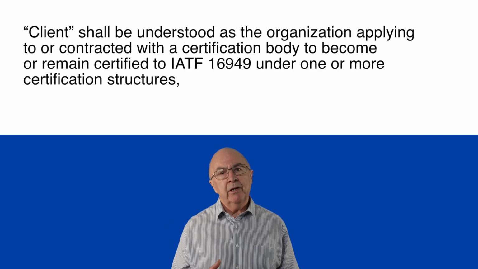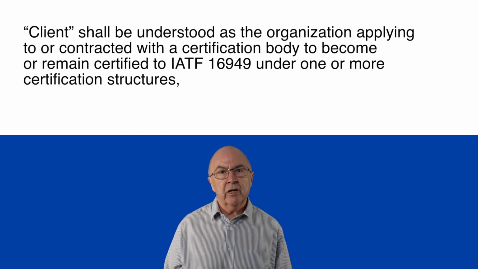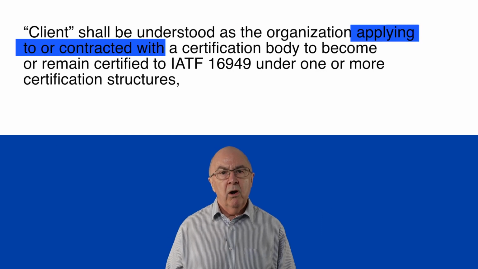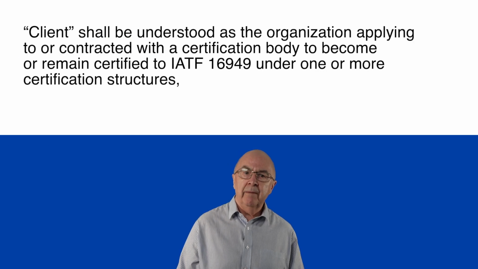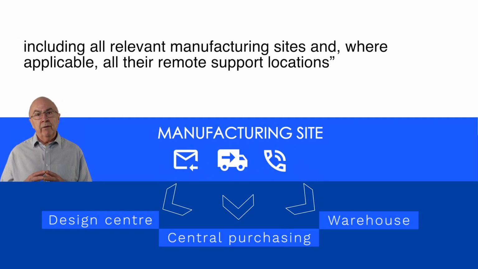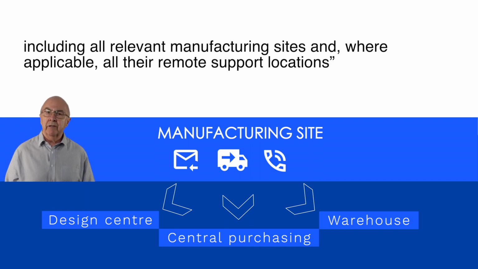Throughout the IATF 6th edition rules, we will see the term client. Client shall be understood as the organization applying to or contracted with a certification body, including relevant manufacturing sites and, where applicable, any remote support locations.